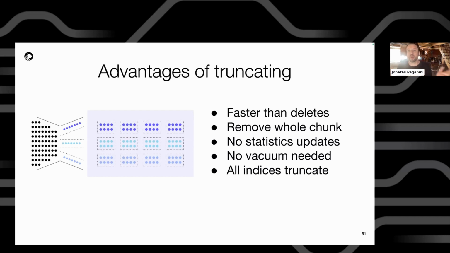In this way, query plans will just be very fair without needing to vacuum or anything like this. And our indices are also truncated together because they are there already. So removing the whole chunk is a very good idea.